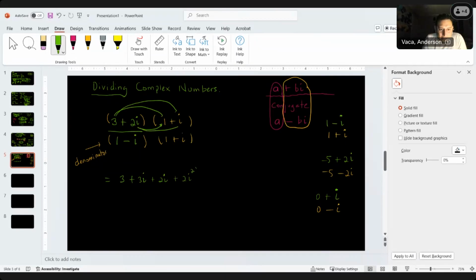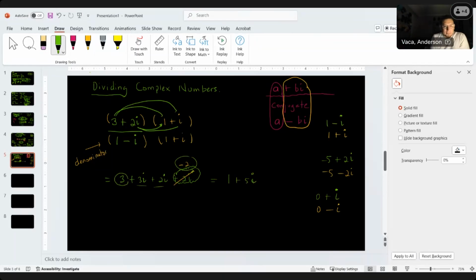What does the i squared do? Doesn't it change the sign? That's right. So instead of a +2, this just becomes a -2. So what we have here is 3 minus 2, which is 1. And then these two together become 5i.